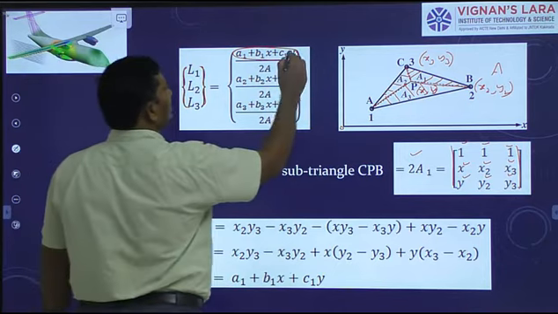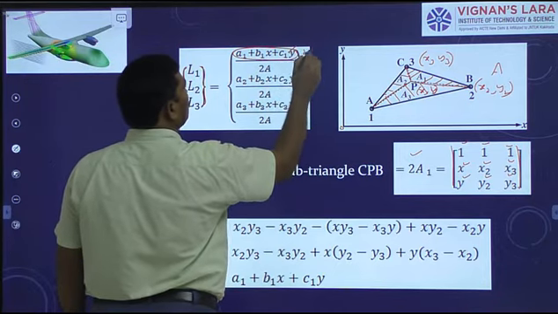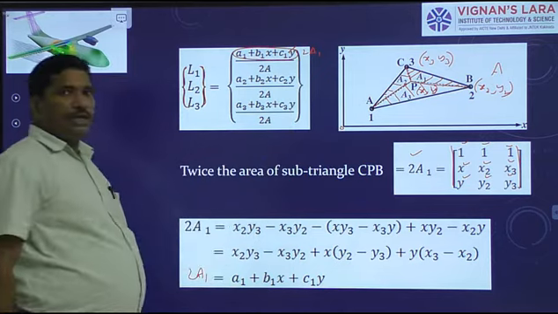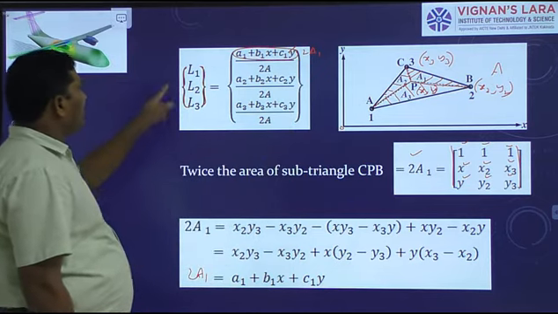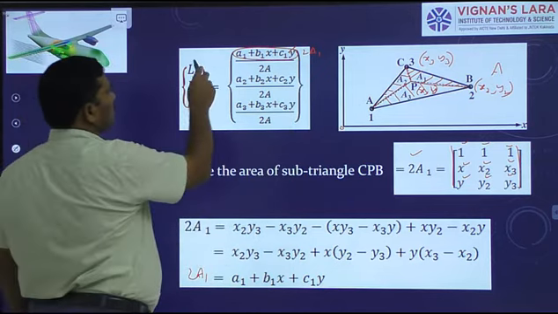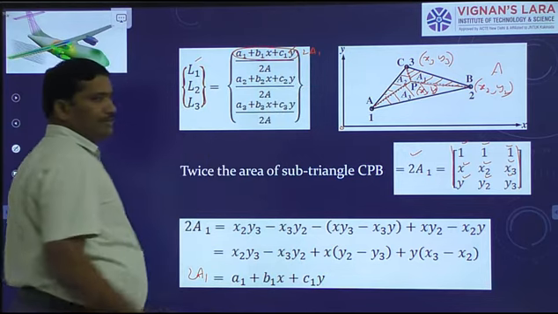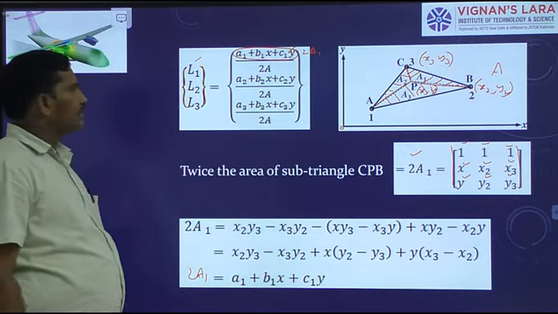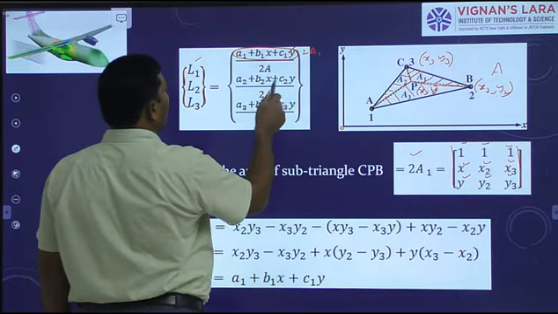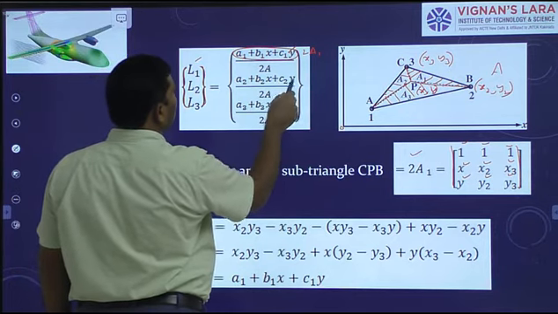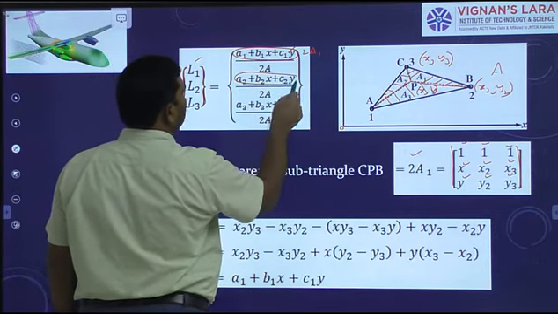In this place you can put 2A1, and then you get L1 equals simply A1 by A. Next, similarly, A2 plus B2x plus C2y, this you determine.